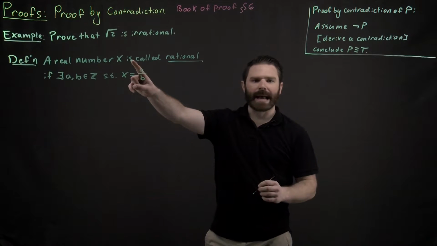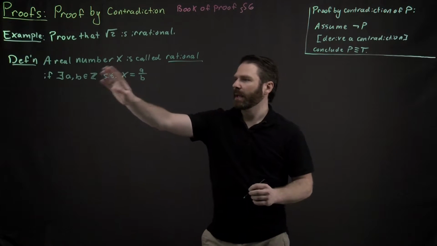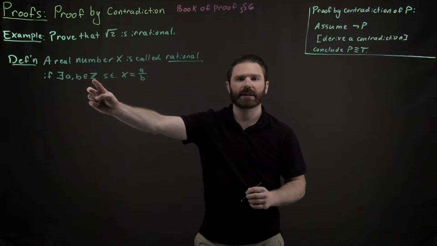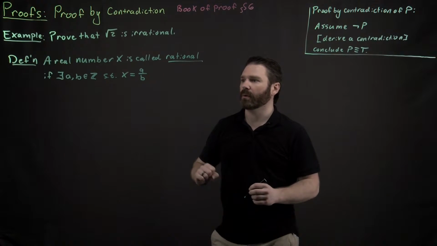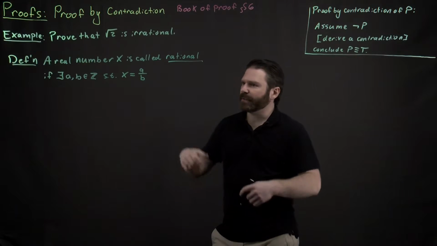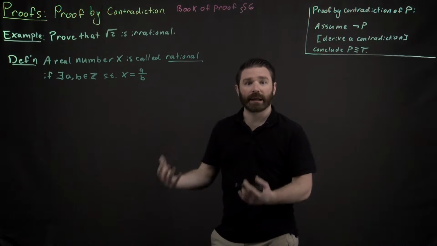A real number x is called rational if you have two integers a and b such that you can express x as a ratio of a over b. And if you can't do this, we call that number irrational.